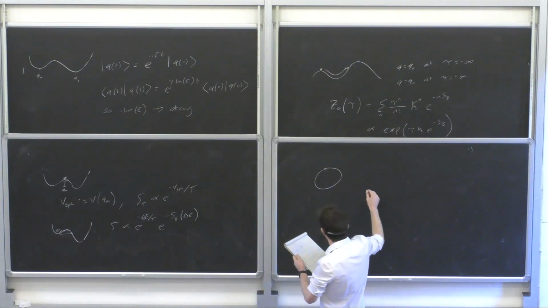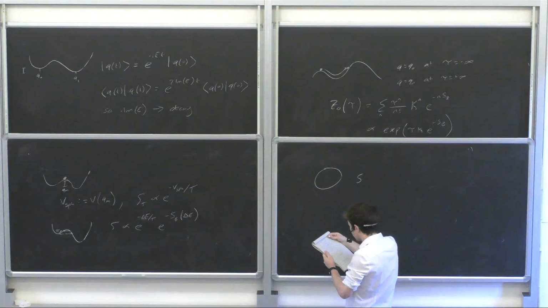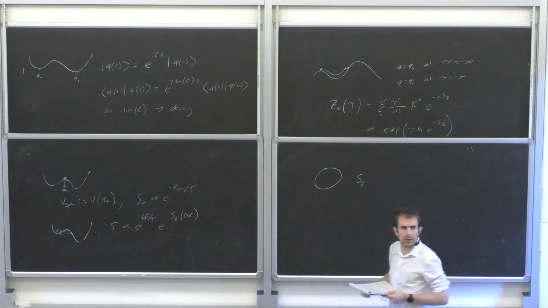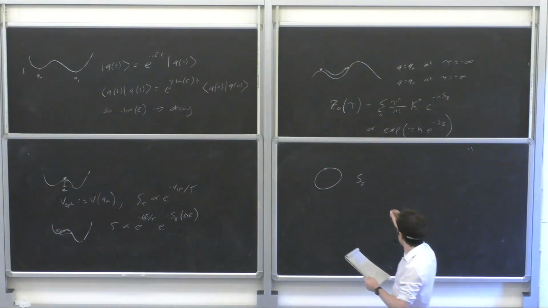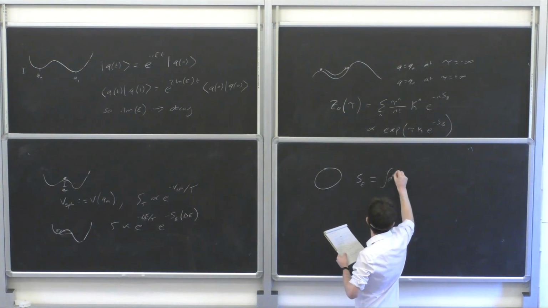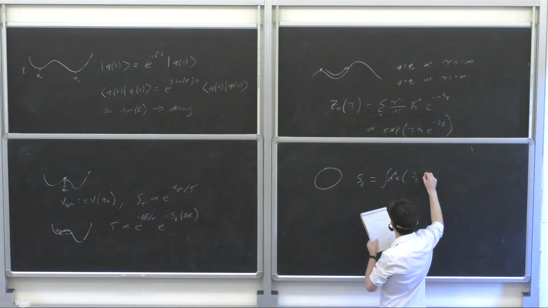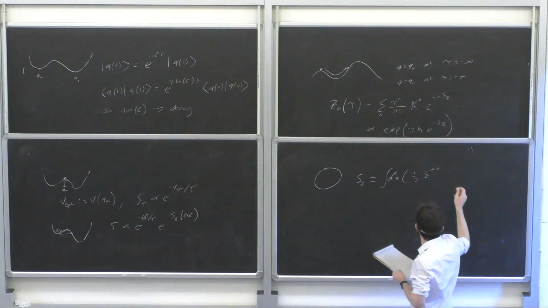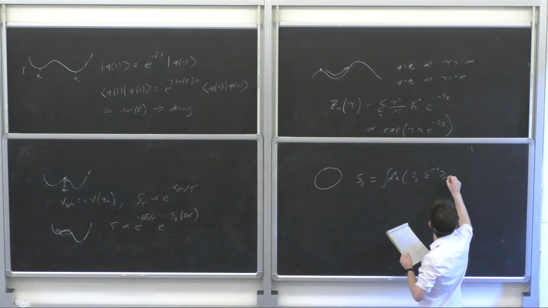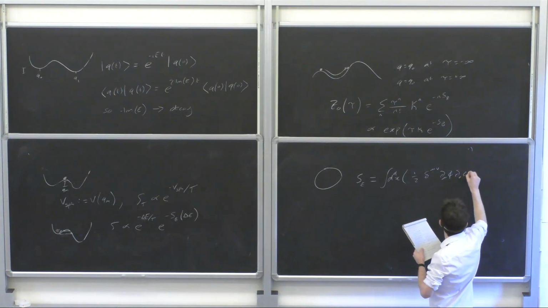So we need the rate of appearance of such bubbles. So again, we can make use of the Euclidean action. Let me just put in delta mu nu to emphasize that these are Euclidean derivatives, D nu phi.